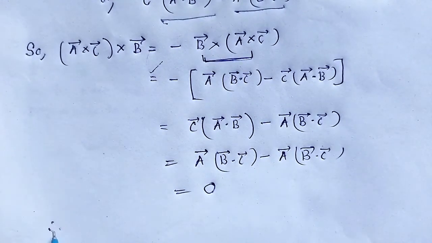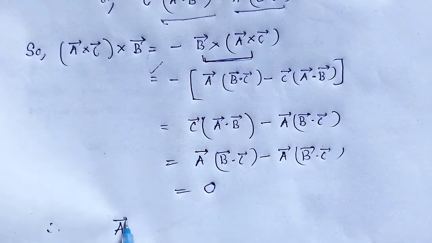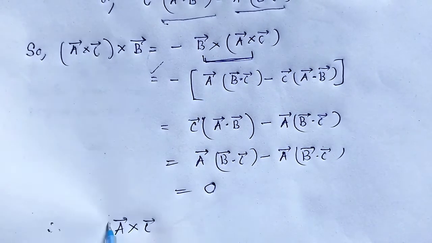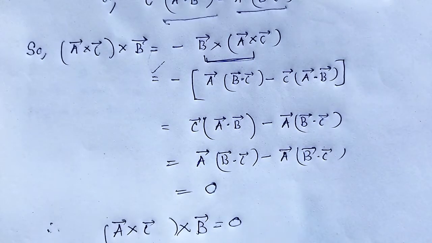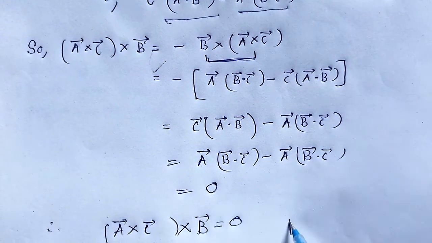Therefore we can prove A cross C cross B is equal to 0. Proved.